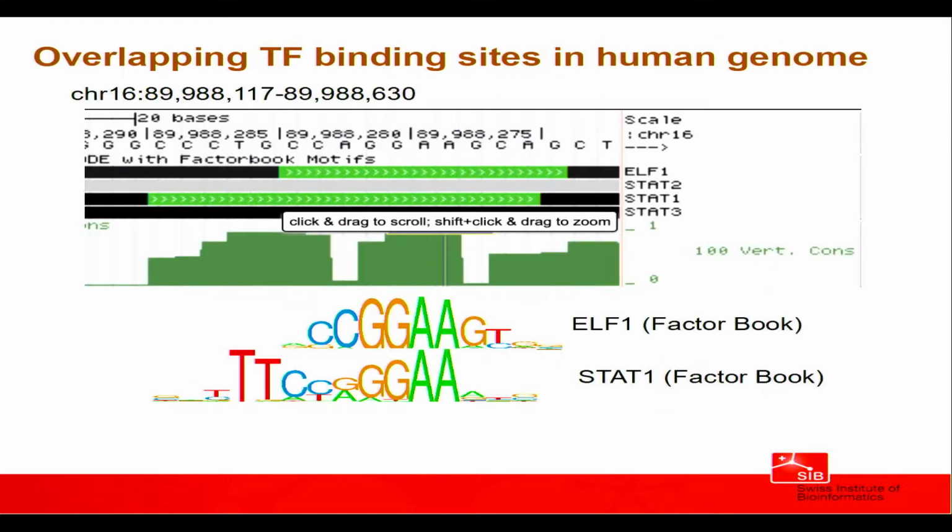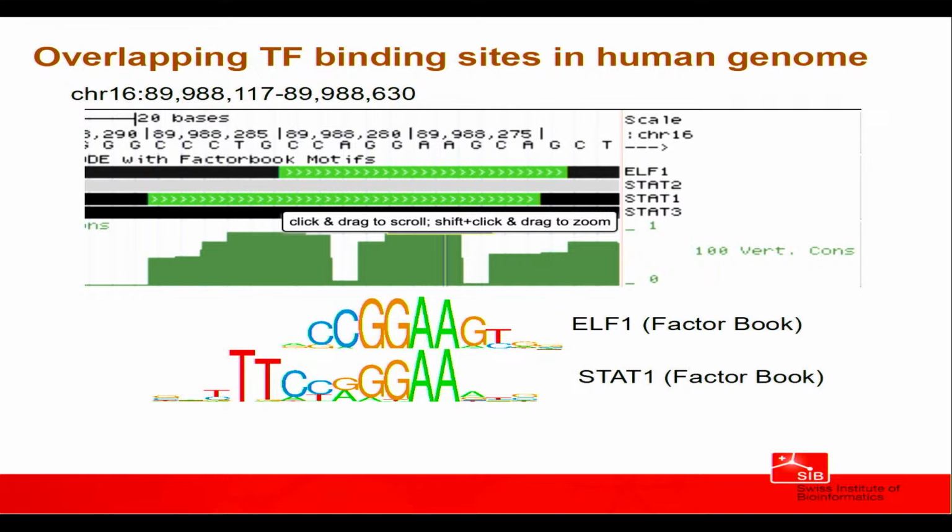Now, do we know that this exists in nature? Yes, we do. This is an example, again, a genome browser snapshot. This is an example which tells us that a short DNA sequence was found in different experiments to bind either to ELF1 or to STAT1 and potentially also to STAT2 and STAT3.